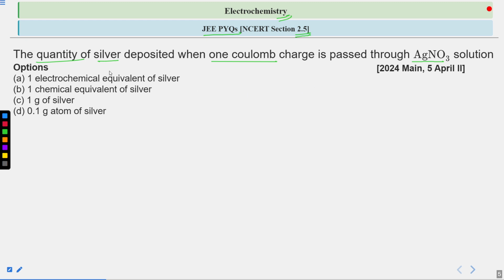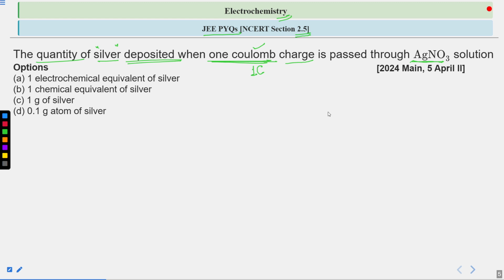We are asking about the weight or quantity of silver deposited when 1 coulomb of charge, coulomb being the unit of charge, represented by C, is passed through the silver nitrate solution.